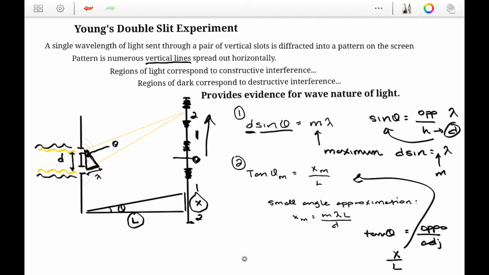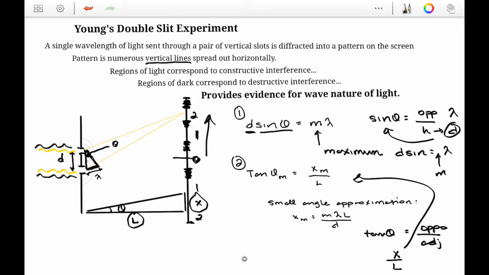So this is basically what you need to know for Young's double slit experiment for solving different problems. What's especially important to know is that it provides evidence for the wave nature of light, because we can see on the screen that the light forms vertical lines of both dark regions and light regions.